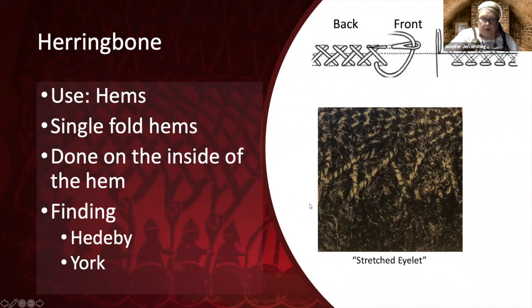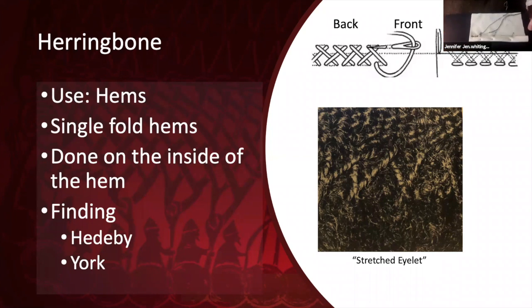All right, so I'm going to come back down here again. I actually work from top to bottom here. So I turn my hem fold to the left, and my sewing is going to be on the right.